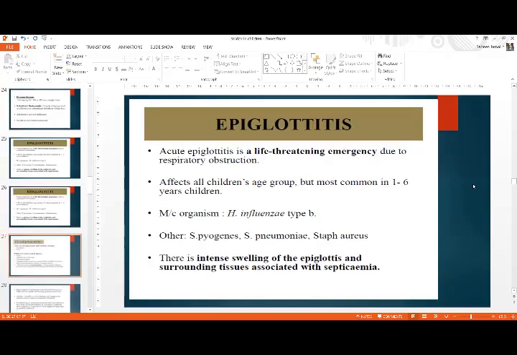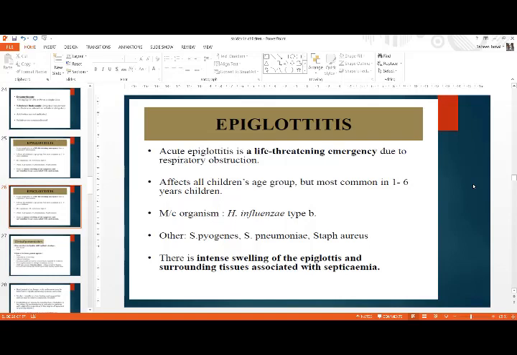Now, the second important cause of stridor is epiglottitis. It is a life-threatening emergency due to respiratory obstruction. It affects all age groups of children, but is most common in the first 6 years of life.